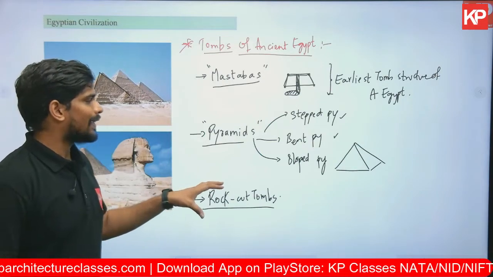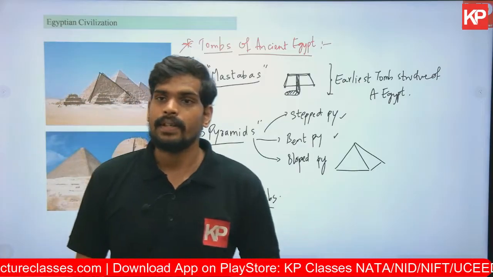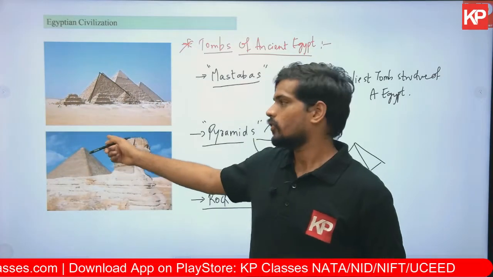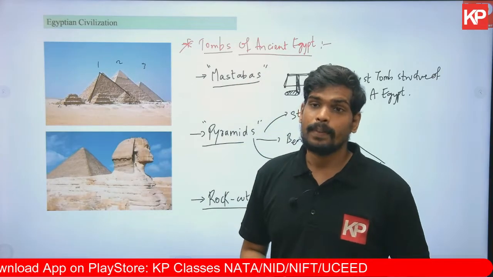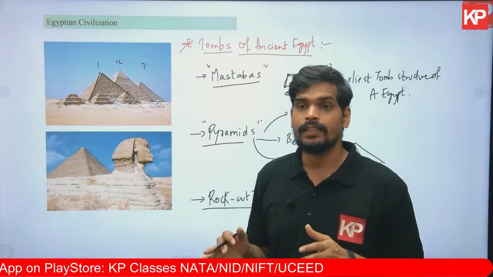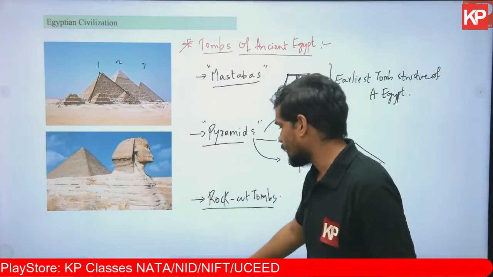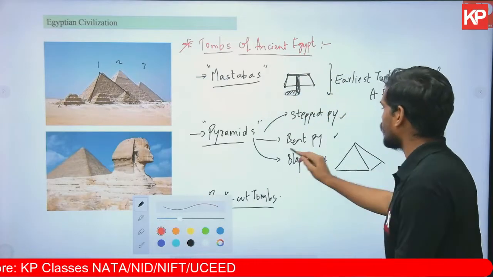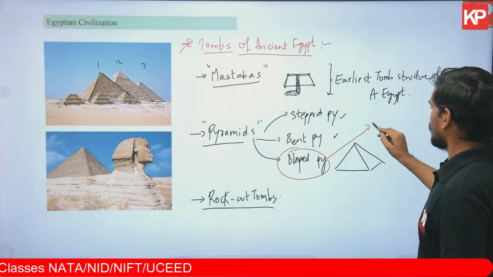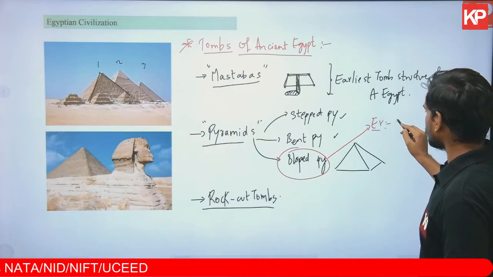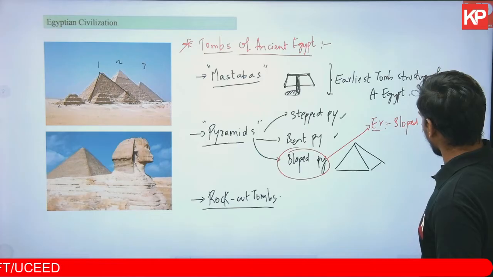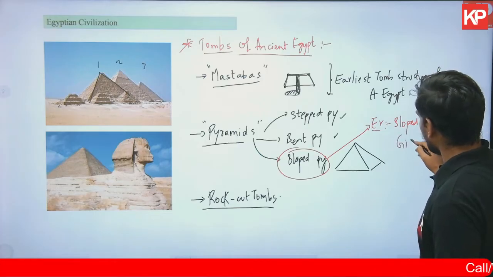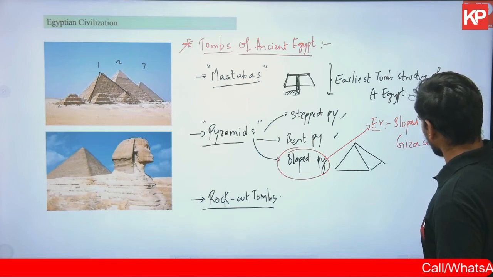The best known example for the sloped pyramid is the pyramids of Giza. These three pyramids which you see, 1, 2 and 3, are known as the pyramids of Giza, and the largest one of these three is called the Great Pyramid of Giza. So you can remember the best example for the sloped pyramid is the sloped pyramids of Giza complex.